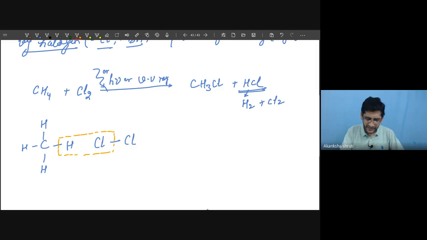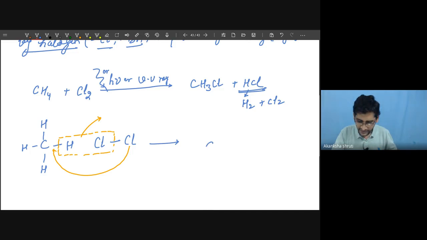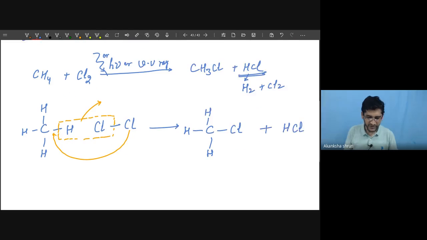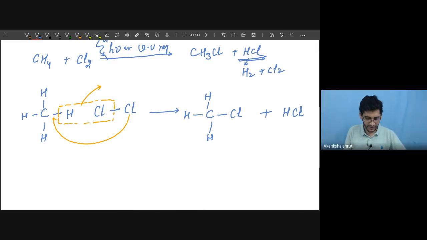So this is being replaced. It will come out and this chlorine will come and sit here. Ready? This is called the mechanism of reaction. So ultimately it is able to form the other hydrogens remain at their position, and this bond Cl will come here and HCl. So drawing the structure, then you can quickly understand what could be the product. That is another beauty of our organic compound.